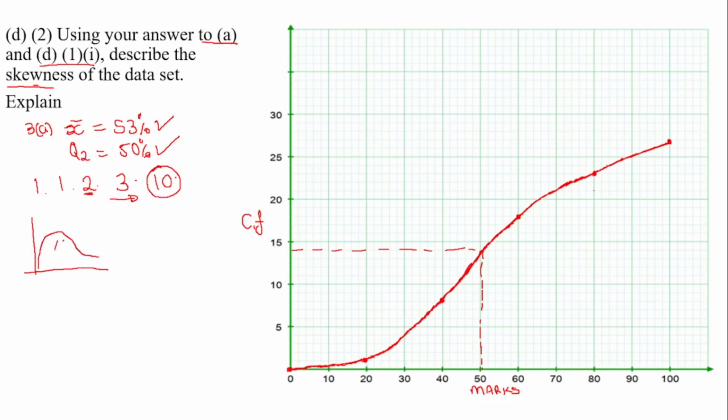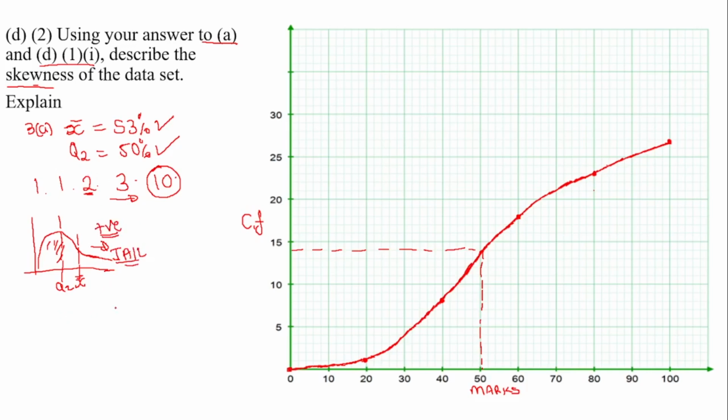We have a lot of data on this side, and then this outlier 10 pulls the mean towards itself. So the mean will be greater than the median. Please take note of that. When the mean is greater than the median, the data is positively skewed or skewed to the right. Where is the tail? The tail is on the right, so we are skewed to the right.